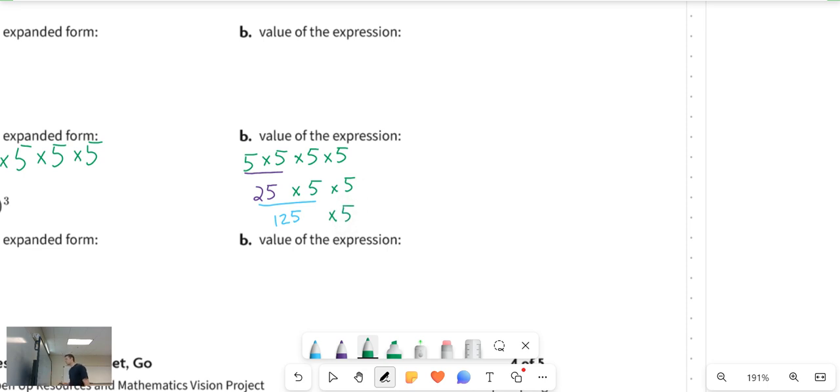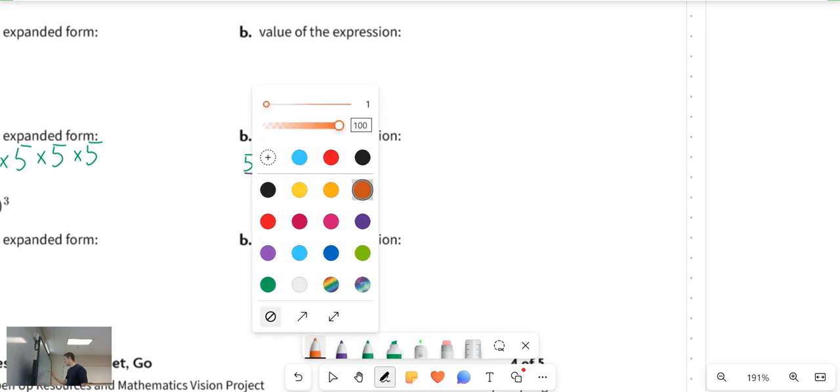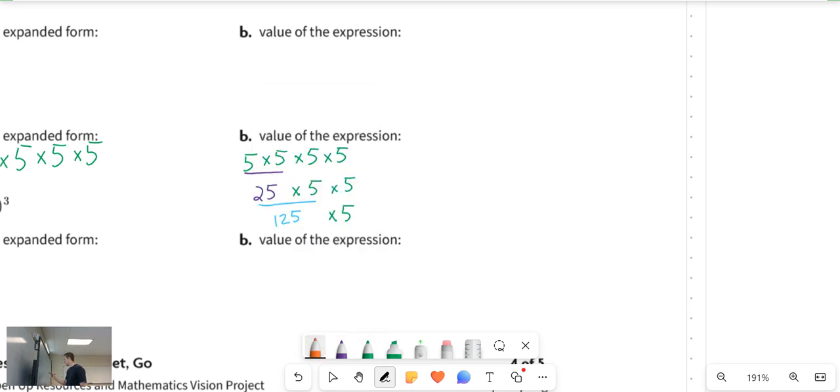And then finally, we're only left with 125 times 5, which we could do the big multiplication out. Let's say we wanted to do this in orange. That's fine. We could do this in orange over here. 125 times 5. 5 times 5 is 25.